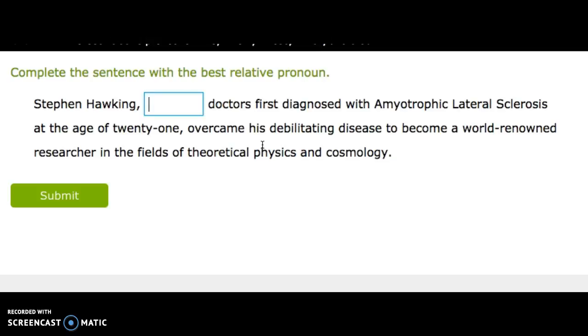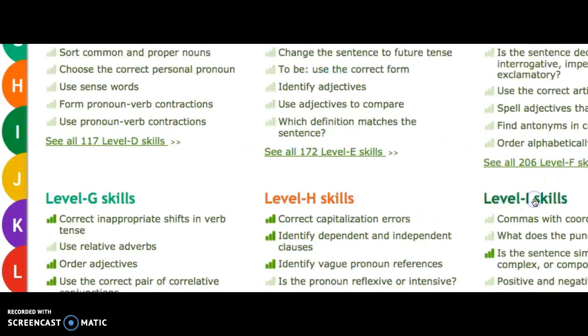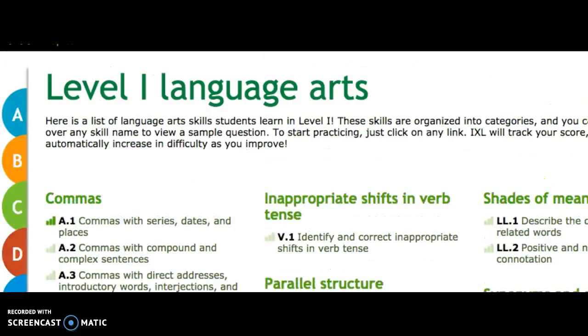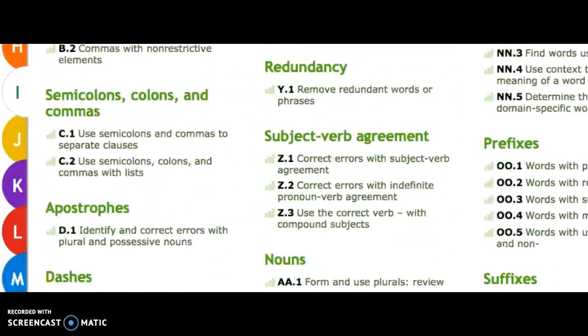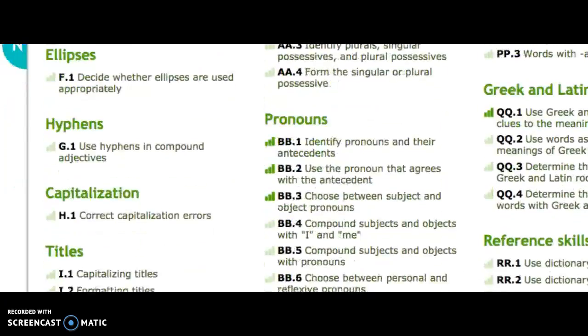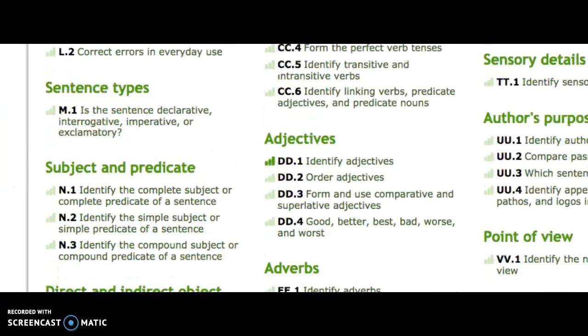So far we've been getting a lot of, these are all relative pronouns. They're all acting as adjective clauses. Let's see if we can find one that starts with an adverbial clause. So we'll go back into the language arts, level I, and I'm going to go into the practice of subordinating conjunctions to show this.